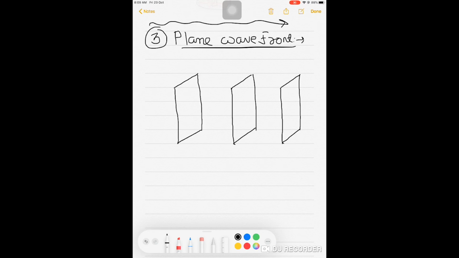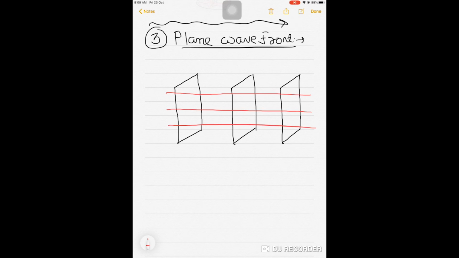If we consider the point from them, we can simply say that they form this type of uniform manner of light emergence, and all these red particles are in the same phase.